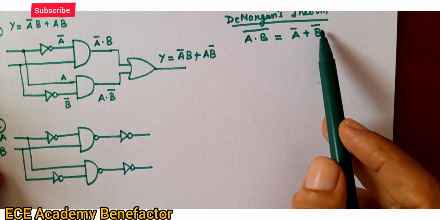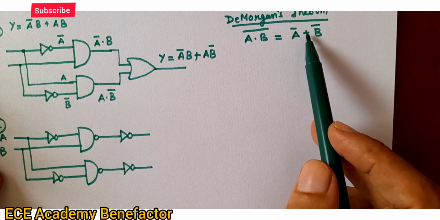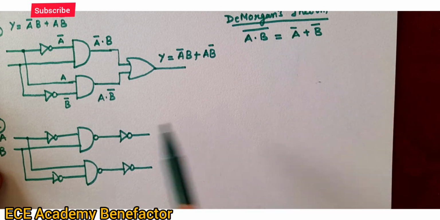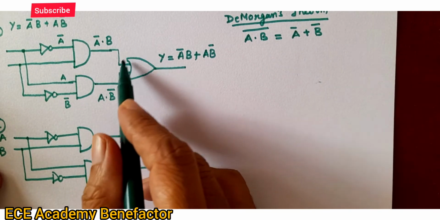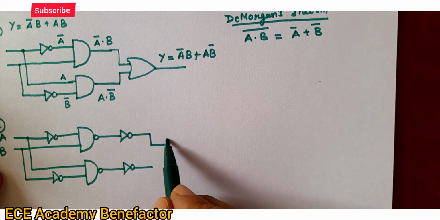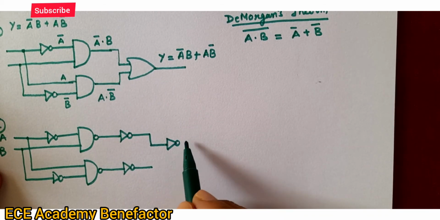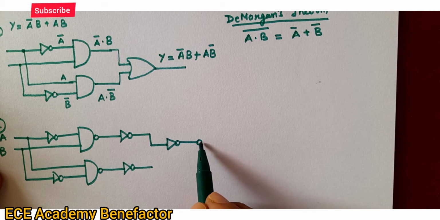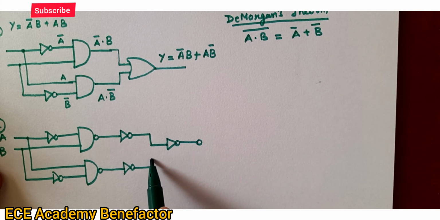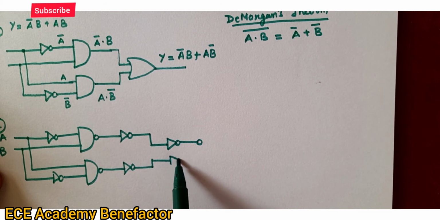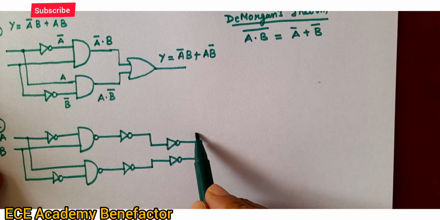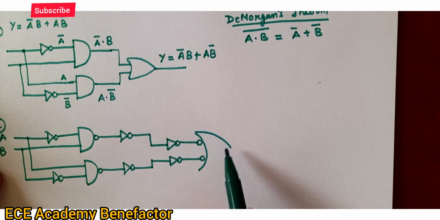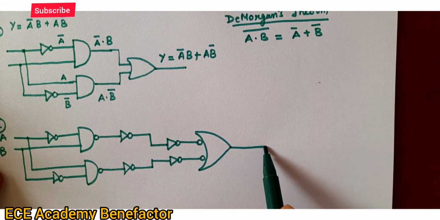A bar, B bar, when they are ORed, you are getting an AND gate. So, you have to change it to a bubbled OR gate. So, to change it to bubbled OR gate, to nullify this bubble, I have to place one more NOT gate, like this. Okay. So, I will get bubbled OR gate.